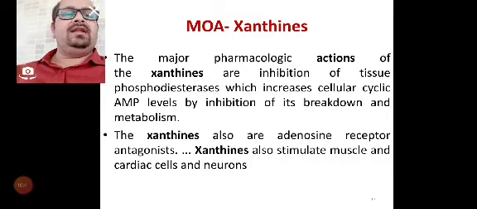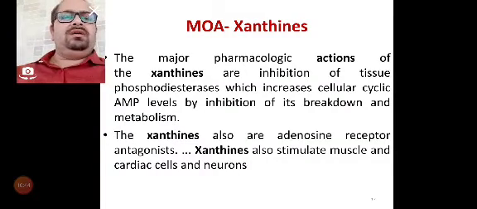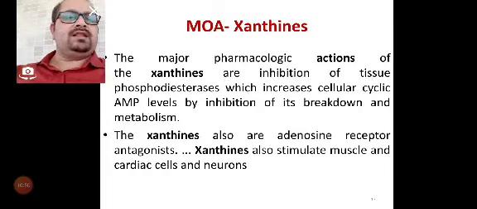Mode of action of xanthine alkaloids. The major pharmacological action of the xanthines is inhibition of tissue phosphodiesterase, which increases the cellular cyclic AMP levels by inhibiting its breakdown and metabolism.